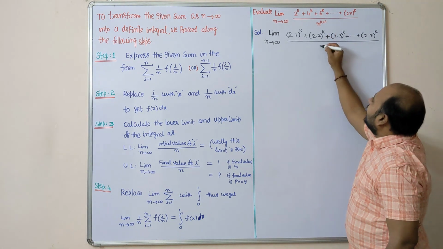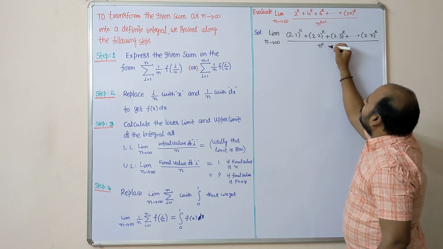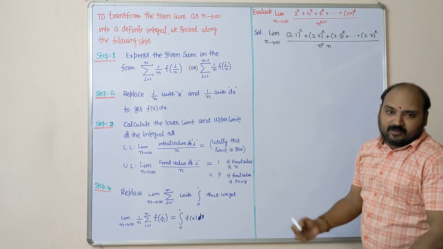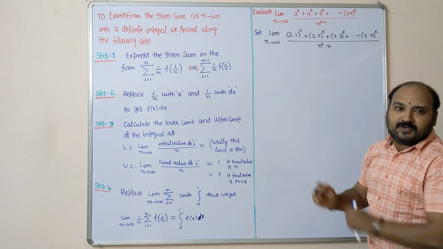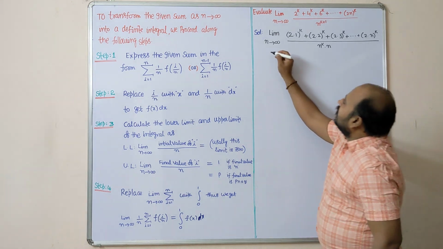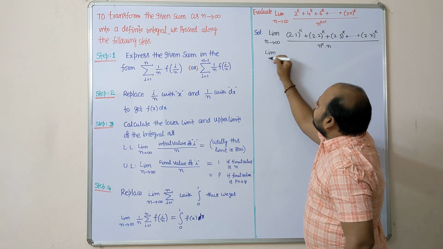We can write it as n power k into n power 1. n power 1 means what? n. I hope everyone understands. Limit n tends to infinity.